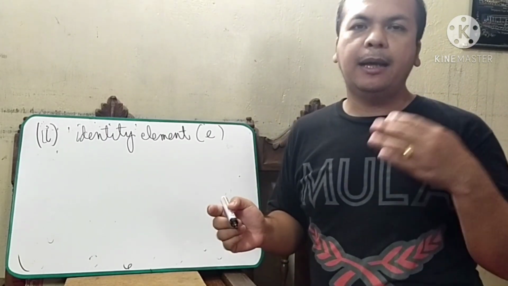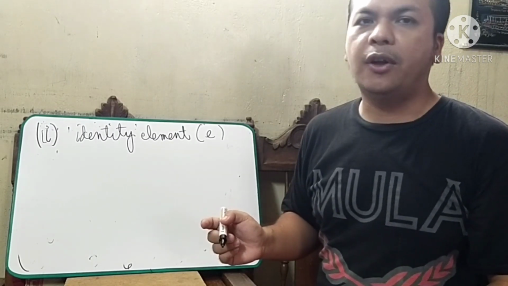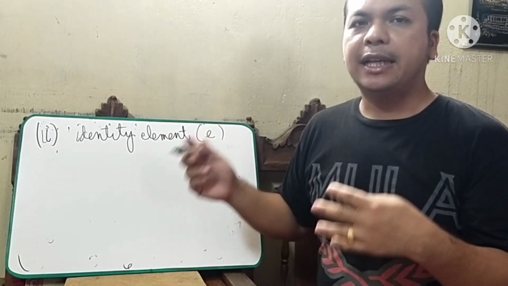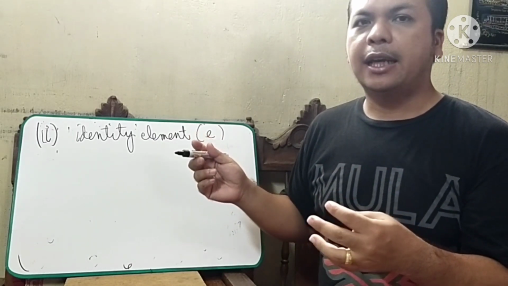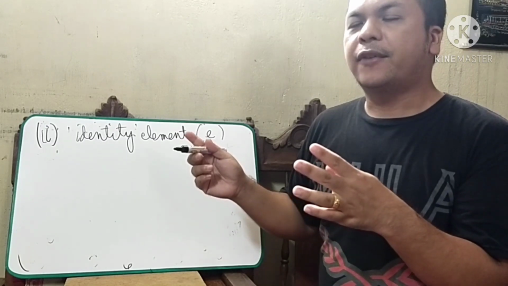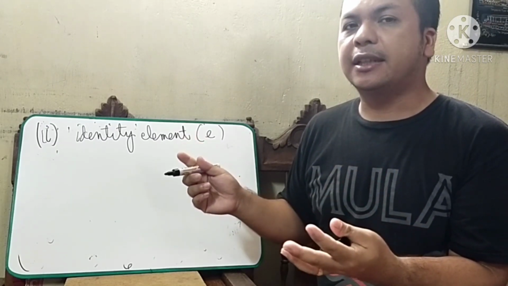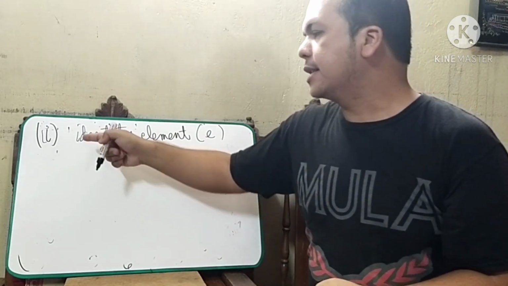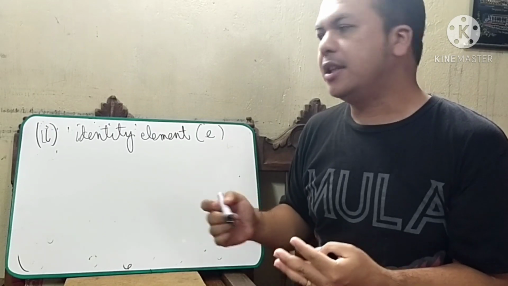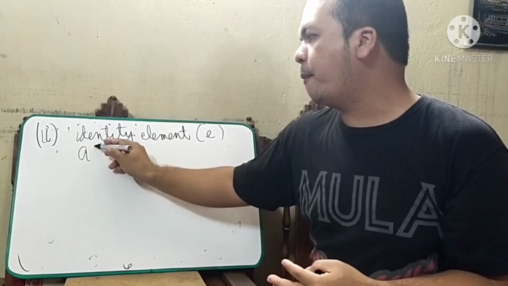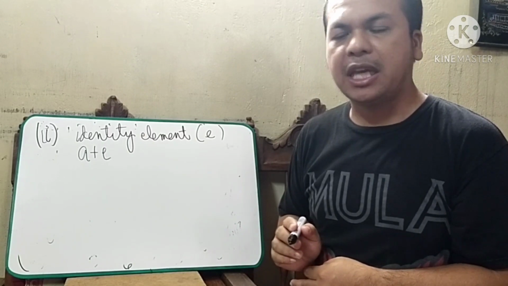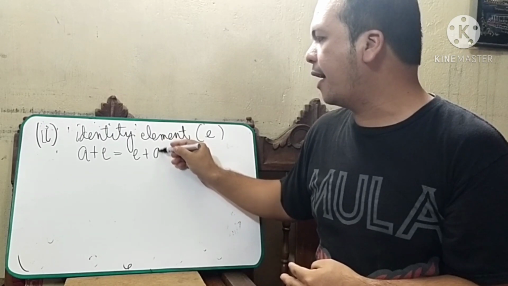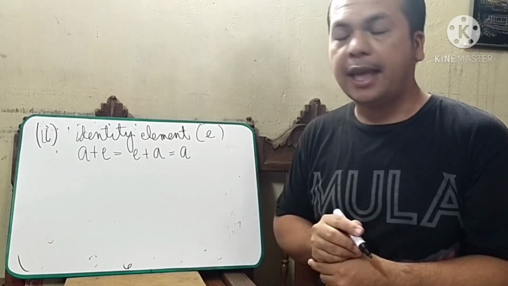Now, again, let us recall the definition of the existence of an identity element, that for all integers A, we have A star E is equal to E star A, which is equal to A. Or, since our operation is addition, we have A plus the identity element E must be equal to E plus A, which is equal to A.